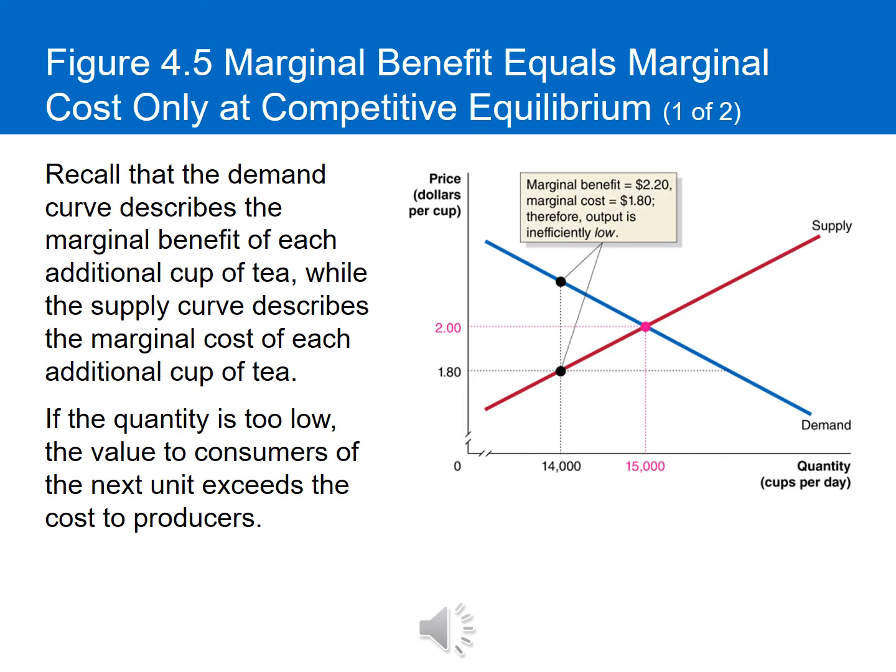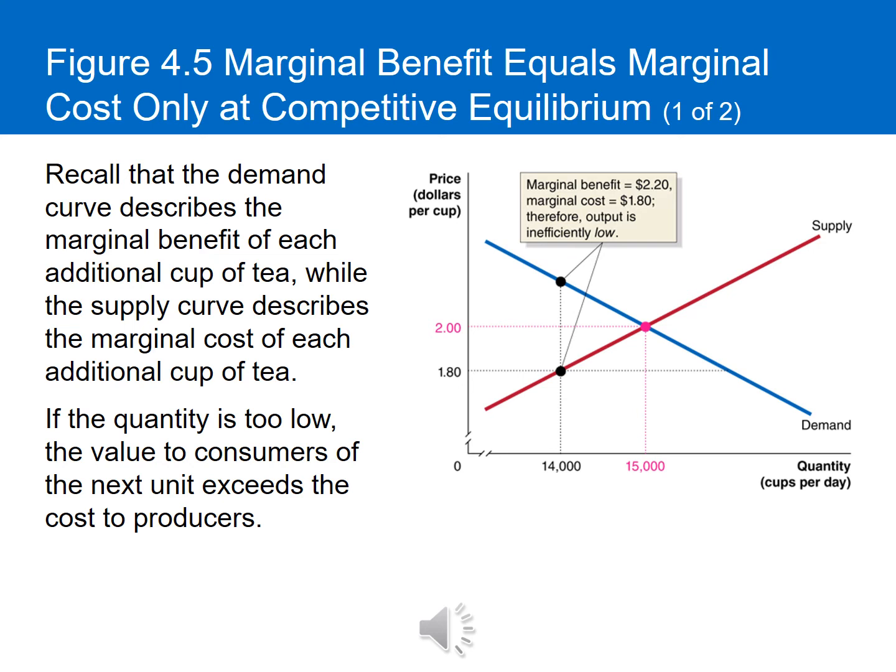So let's say in this market for tea, that the quantity demanded in equilibrium is 15,000 cups. But the quantity being produced and being consumed right now is at 14,000 cups. Do we think this is going to persist? Well, the marginal cost of producing the next unit, the next cup of tea, is $1.80. But the marginal benefit for consumers of that next cup of tea is $2.20.